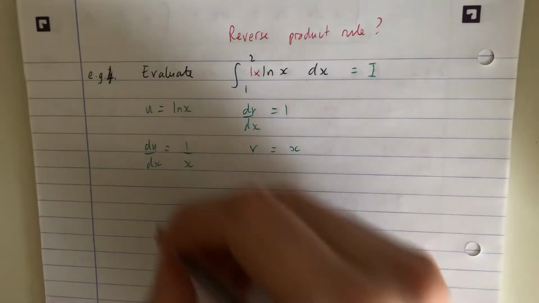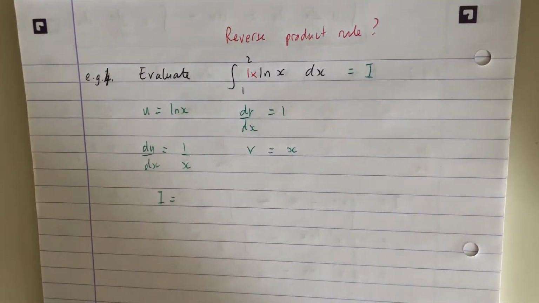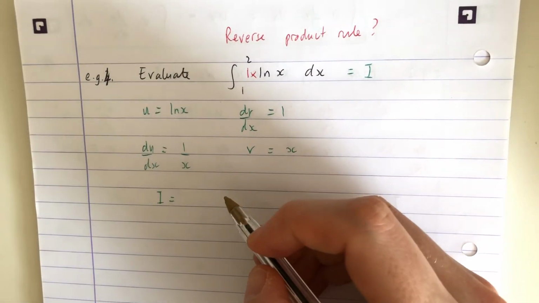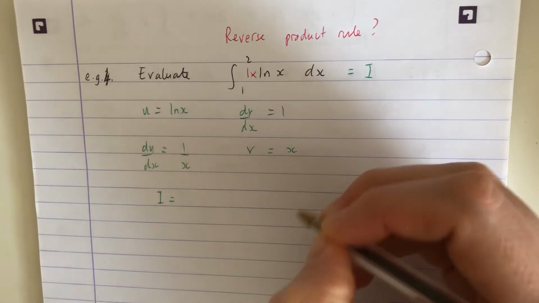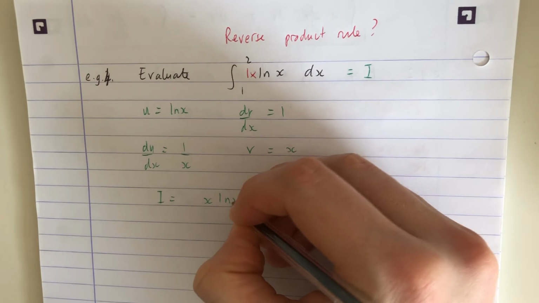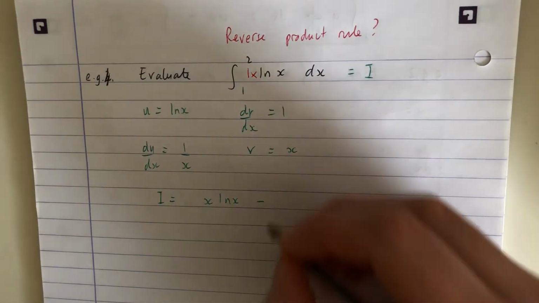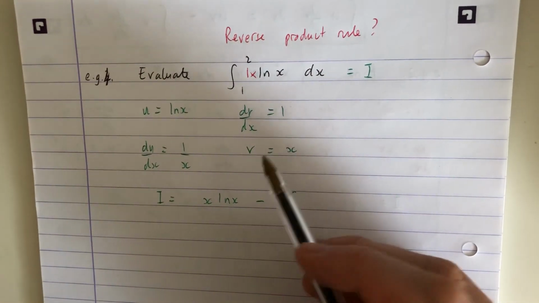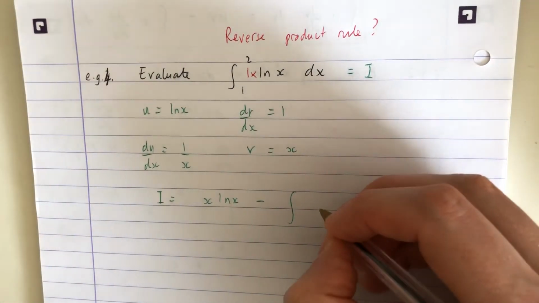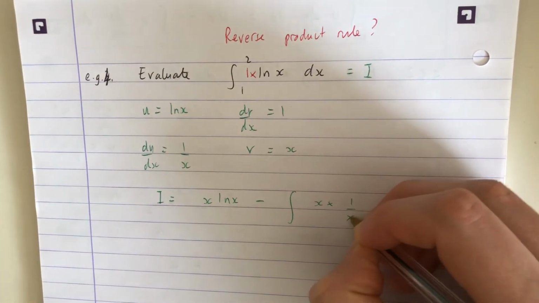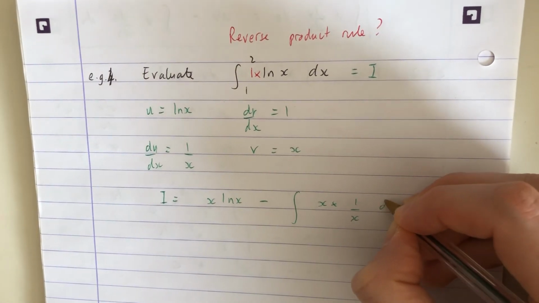So call that I is equal to, integration by parts says uv, so x ln x, subtract the integral of v times du by dx, so x times 1 over x dx.